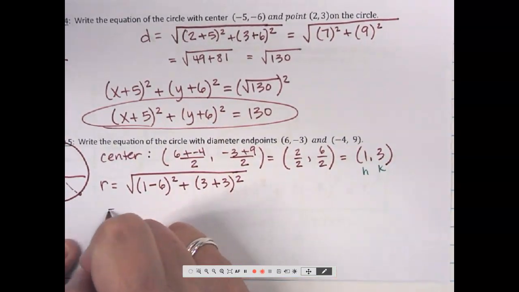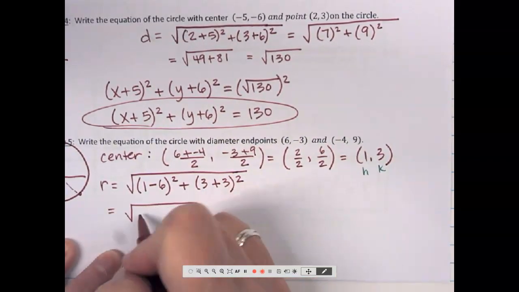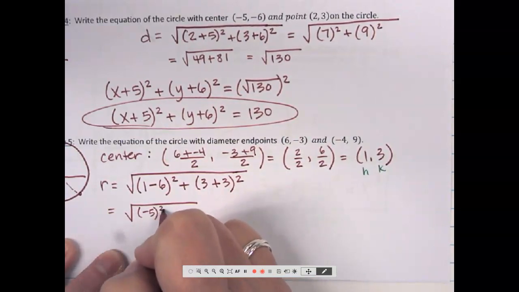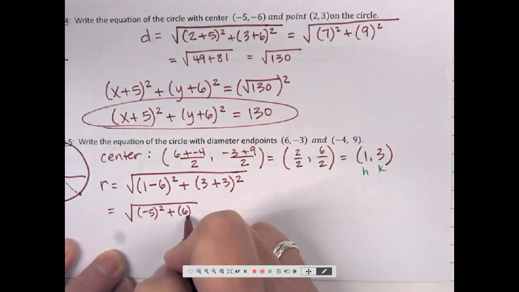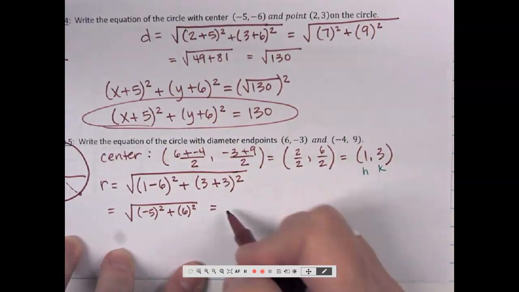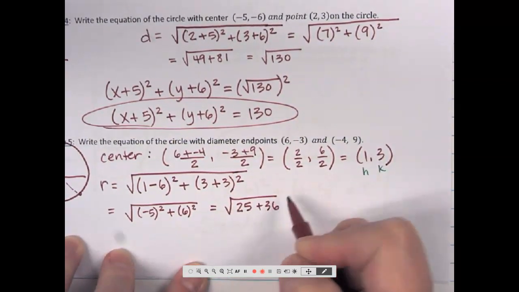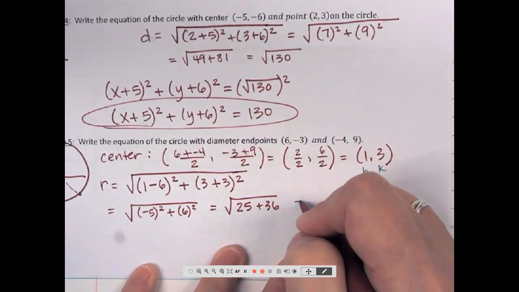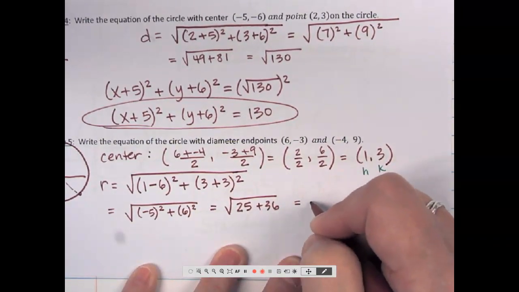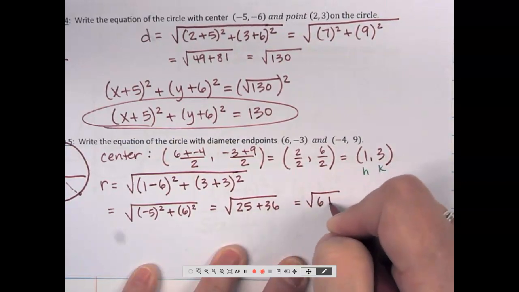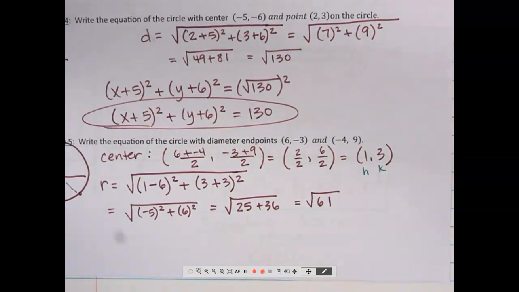Okay, let's keep going. That's a -5. That's a 6. That is 25 plus 36 is 61. That is certainly not a perfect square.